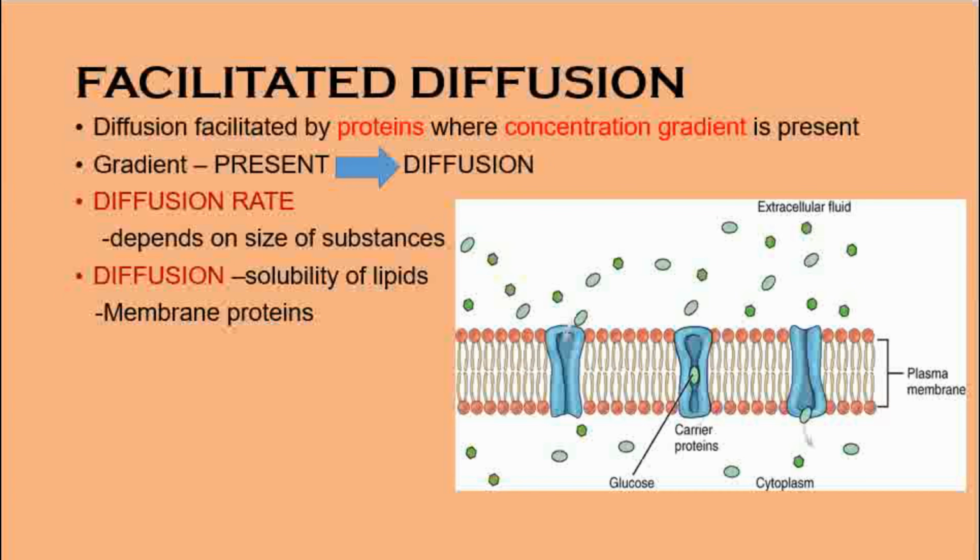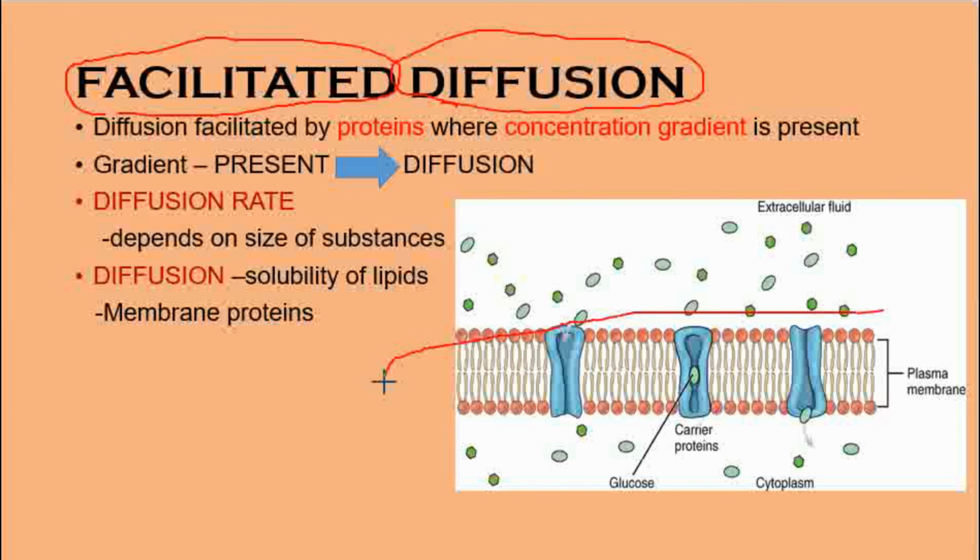And also coming to facilitated diffusion. Facilitated, so here the diffusion is made easier for some substances. Some substances cannot cross the cell membrane. So the cell membrane, you know, is a phospholipid layer.